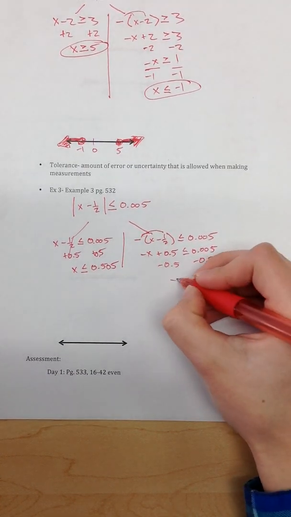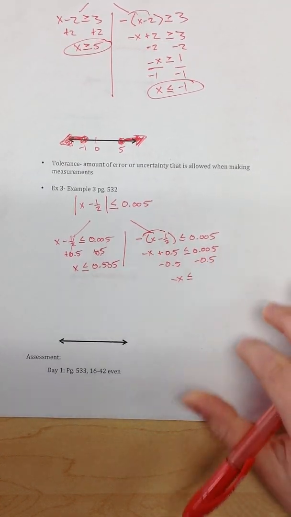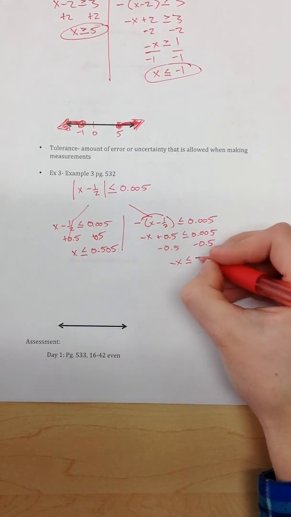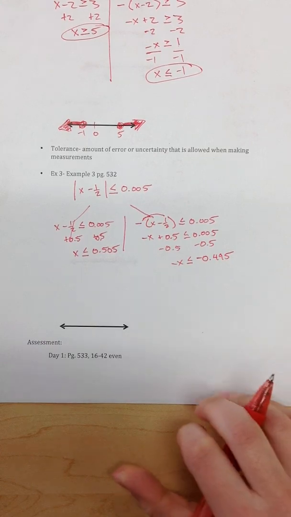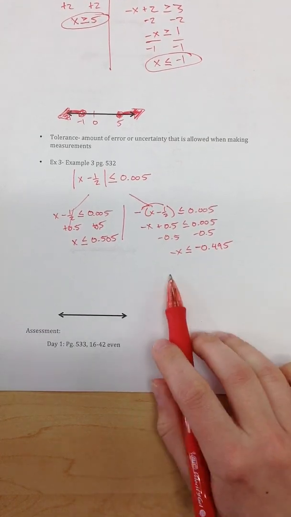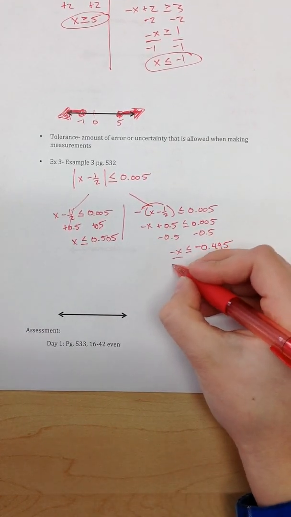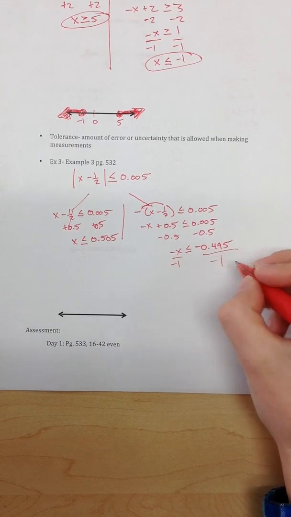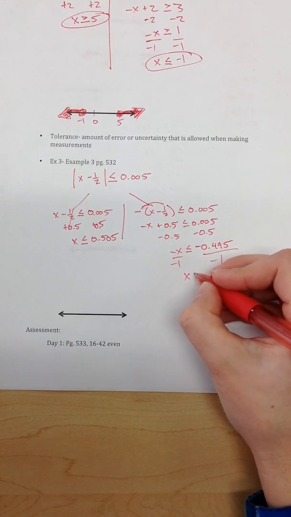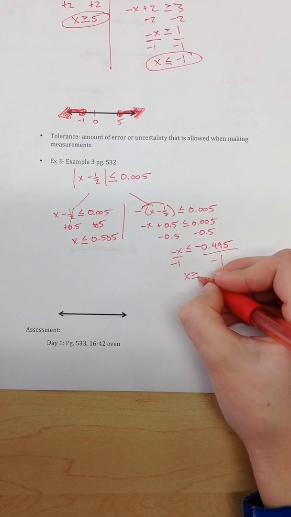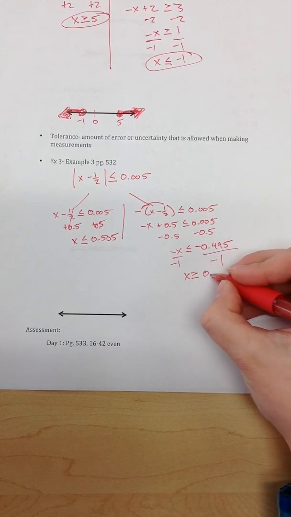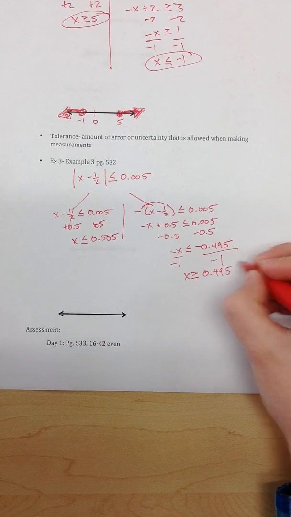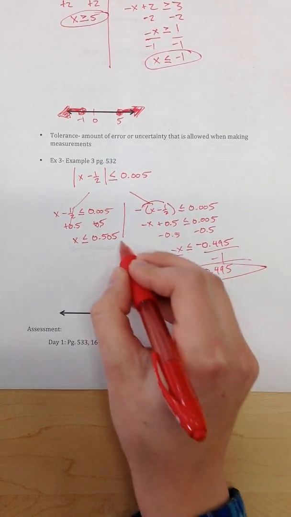So negative x is less than or equal to negative 0.495. Then to get rid of the negative with the x, divide by negative 1. So x, with the sign switched, is greater than or equal to positive 0.495, when I divide negative by negative. Okay, so those are my two answers here.